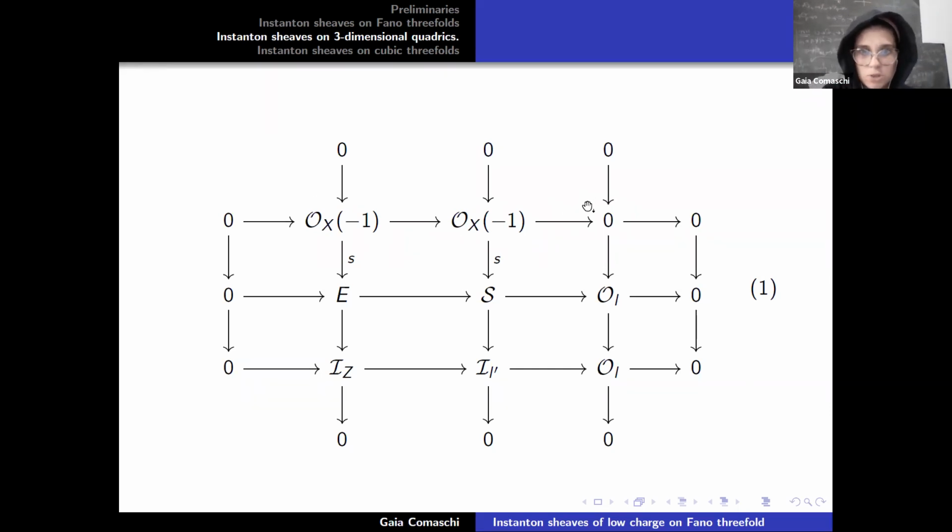this diagram. So we will have here that the cokernel of s will be the ideal sheaf of a line, since S is the spinor bundle.